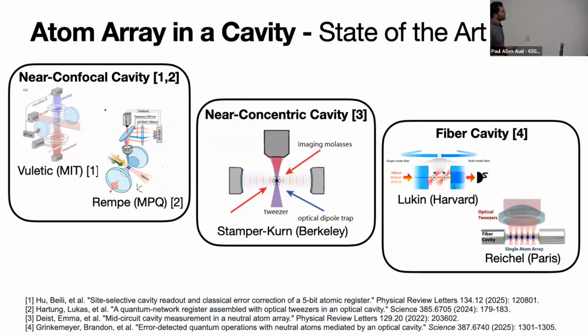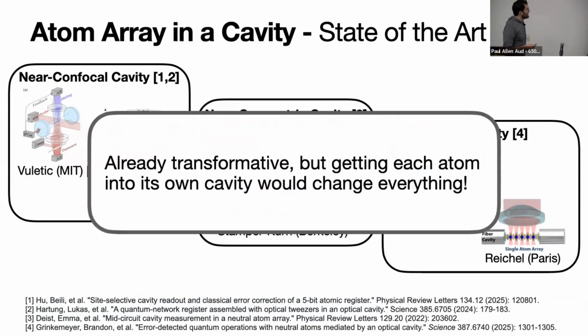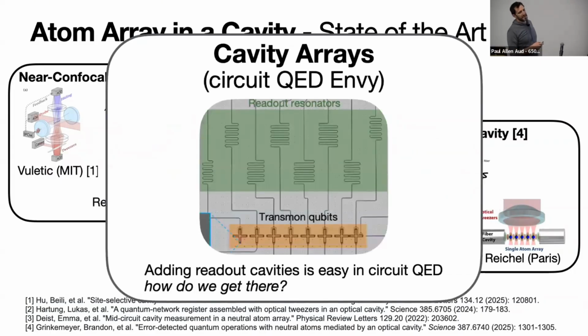So there are all kinds of really beautiful experiments there. But I have to say, at some level, the thing that inspired me the most on this is my decades-long love-hate relationship with Dave Schuster. Because he's constantly making comments like, I can make arrays of cavities, I just nanofabricate them. Why is that so hard for you guys?